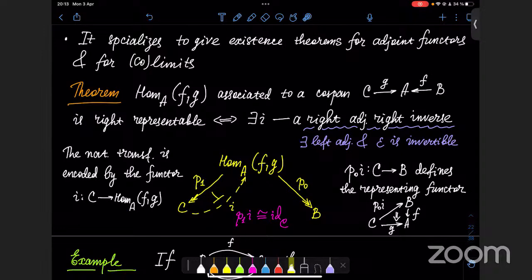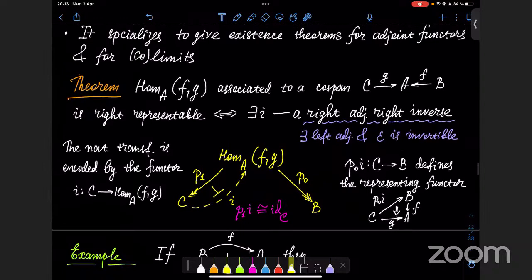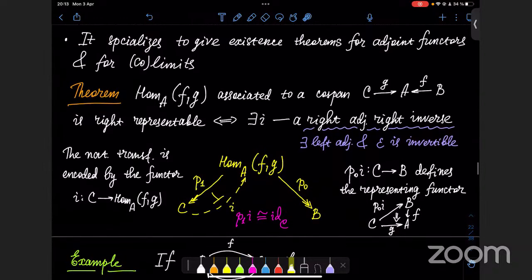So we can reconstruct the data of this right Lifton diagram, and yeah, this is a general case of the result.